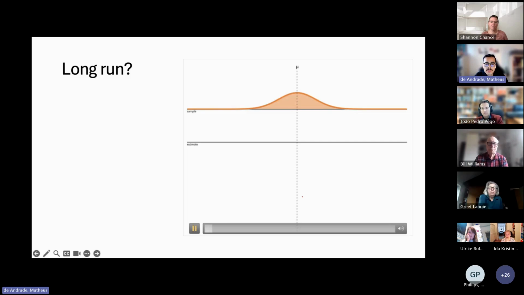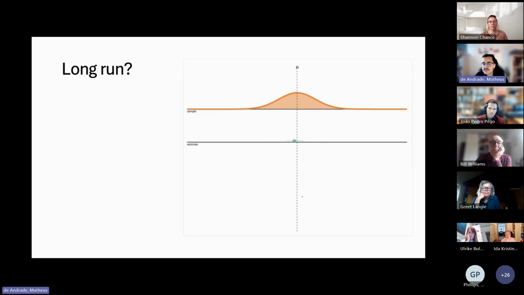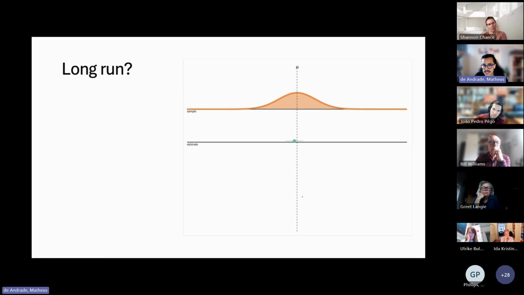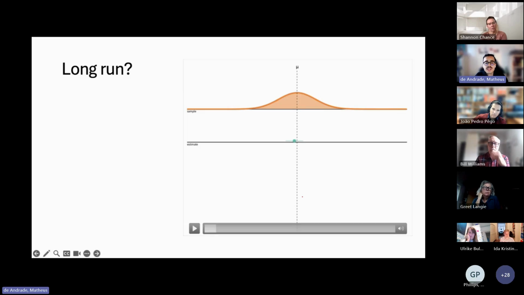If I play it for a bit, we see one sample coming out of this distribution, and that's your sample that you have sampled your participants from the population. You calculate your mean, which you see as a green dot, and you calculate some uncertainty around the mean, which are the green bars around the green dot.